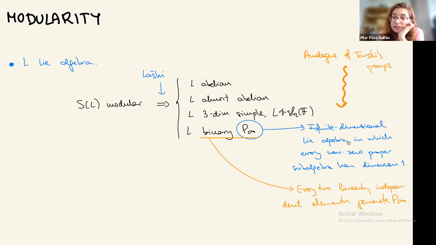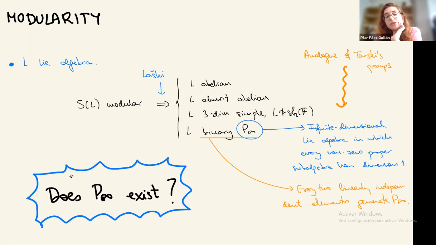An infinite dimensional Lie algebra in which every proper non-zero subalgebra has dimension 1. The problem here is that we don't know if this Lie algebra exists or not.